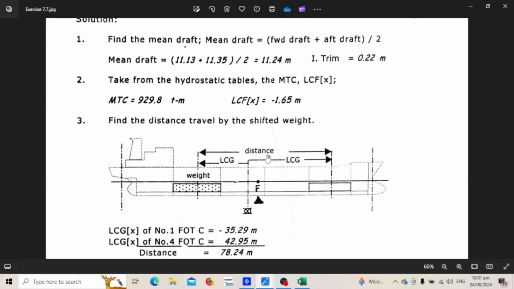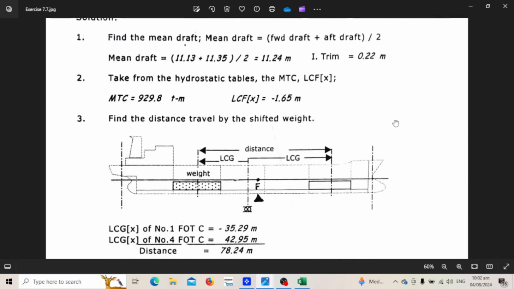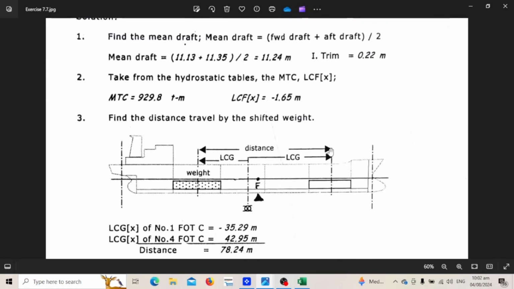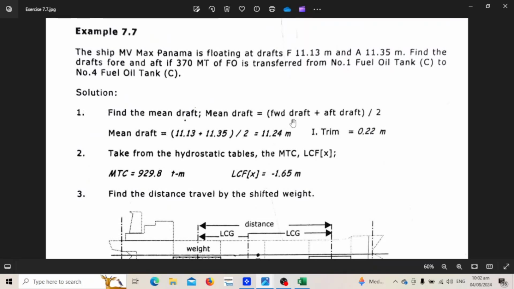He will also have a weight, and the weight is 350. So you will have a trimming moment. Remember the trimming moment? When you have shifted weight over a distance from one point to another, weight times distance will be your trimming moment. Okay, remember. So find the mean draft.